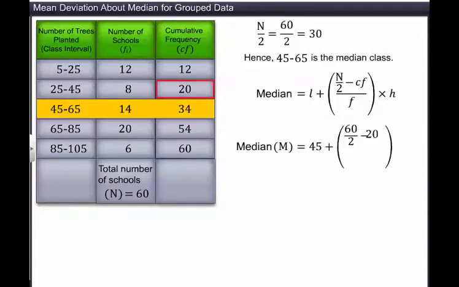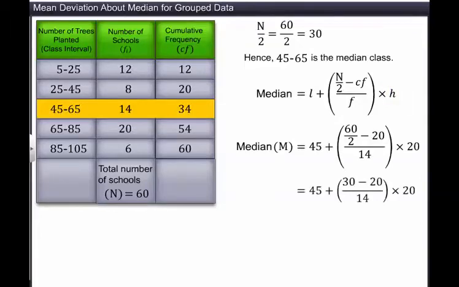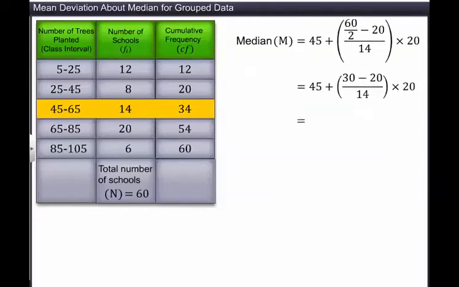F is the frequency of the median class, which is 14, and H is the length of the class interval, 20. On simplification, we get the median as 59.28.